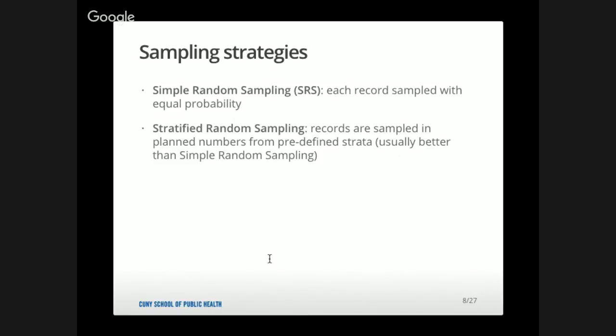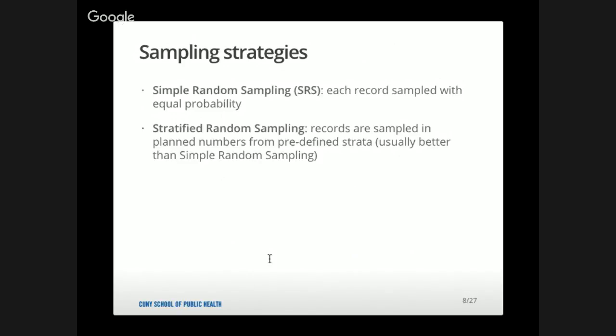This is a strategy where you predefine so-called strata in your population, and singular stratum. A stratum is something which distinguishes individuals in your population, and it could be almost anything.